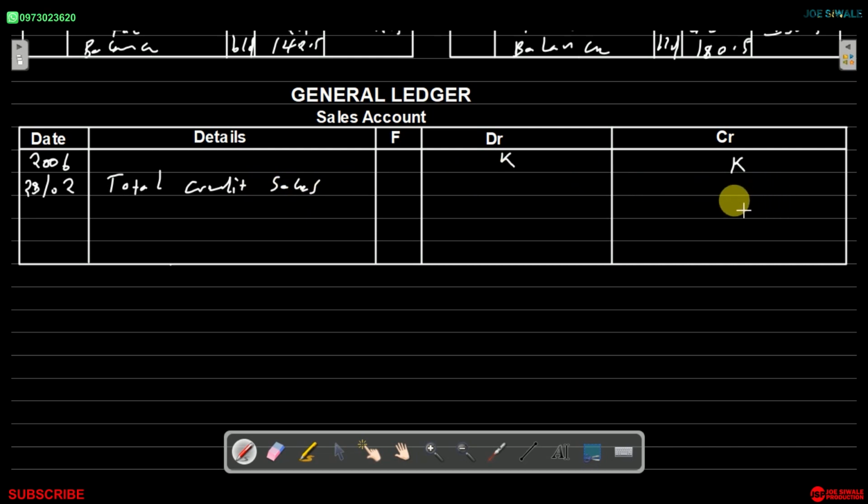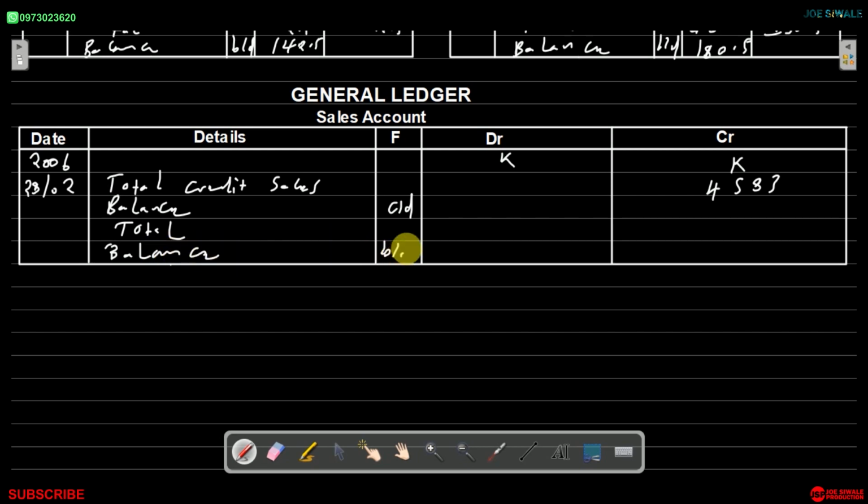So we're going to say 4,583. So we're going to find our balance carried down, our total and balance brought down. So say balance carried down, total, balance brought down.